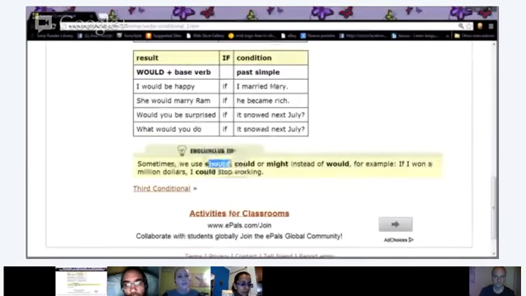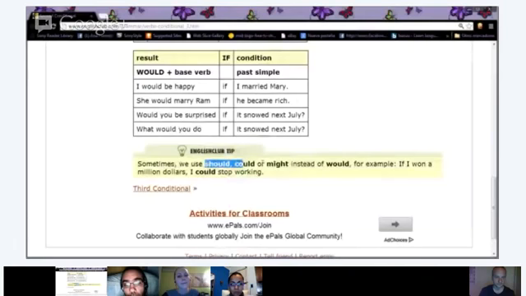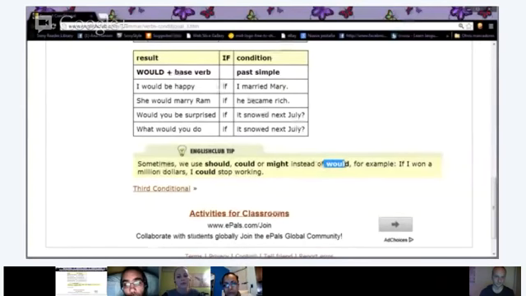In first conditional, we really only use can instead of will. Here, we definitely would use any of these three instead of would. Should, could, and might would all work perfectly instead of would, given the situation. I wanted to point that out. Well, thank you very much, everybody, for reading. Let's go ahead and go to our exercises. All right.